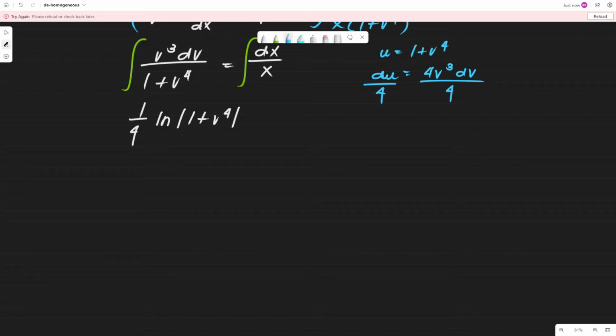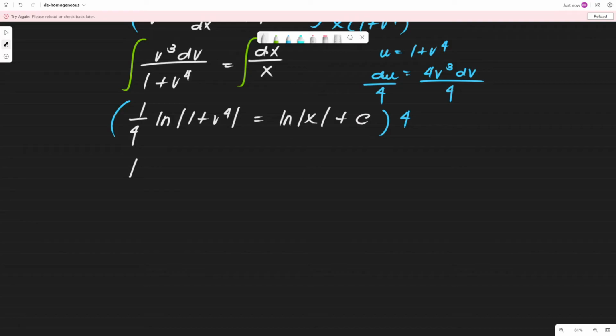So the 1/4 comes out, which is why it became 1/4 ln of 1 plus v to the fourth is equal to ln x plus c. I will multiply by 4 to eliminate the denominator.